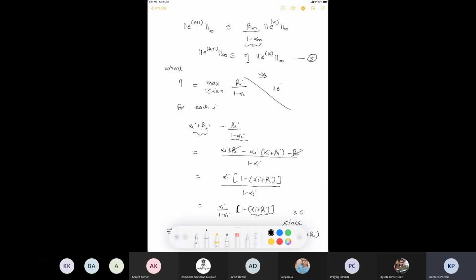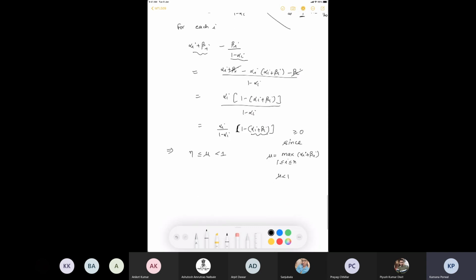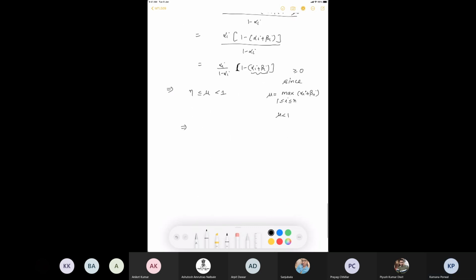So I can write down that ek is going to be less than or equal to eta raised to power k times E0. Right? So eta is strictly less than 1. This means that ek goes to 0 as k tends to infinity.